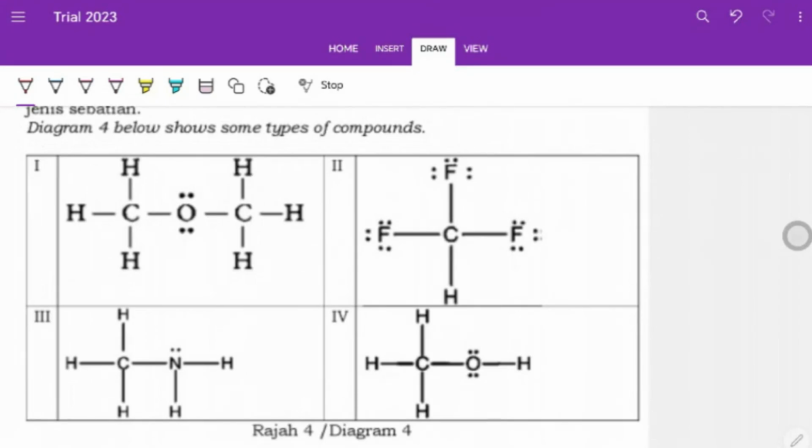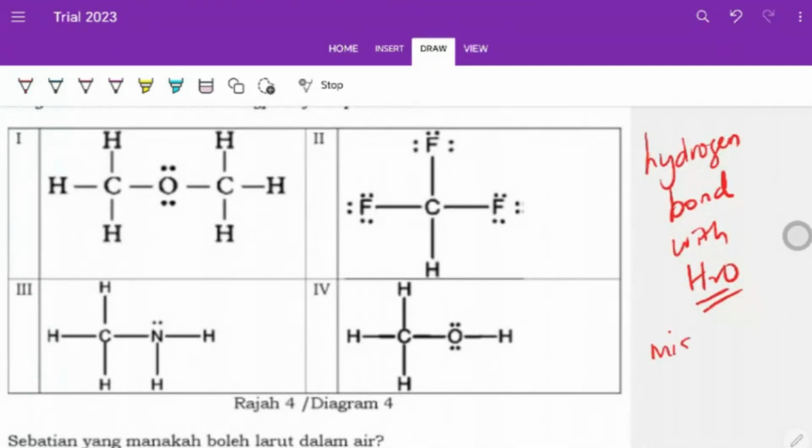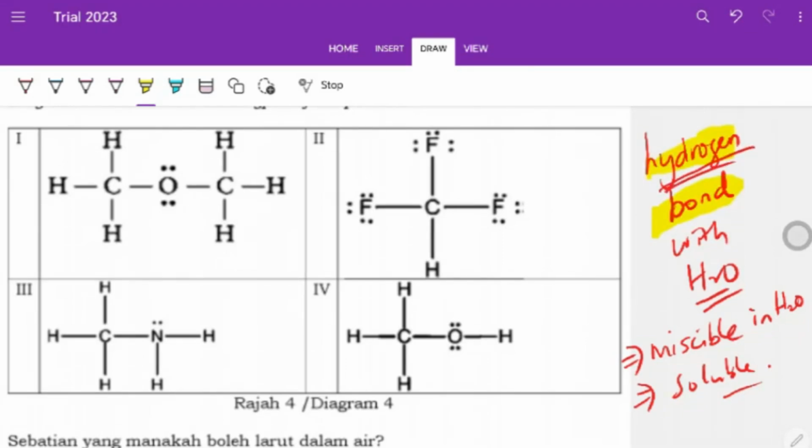But if they can form a hydrogen bond with water, then it can mix with water, miscible in water, meaning that it becomes soluble. So which one can form a hydrogen bond, class? We search for the hydrogen bond. Which one, class? What do you think? Anyone have an idea?